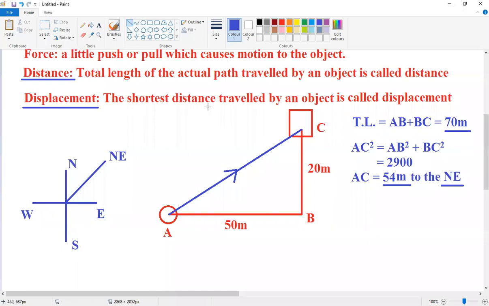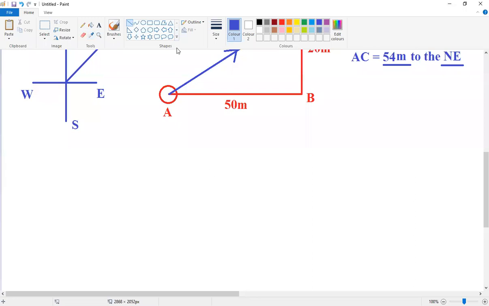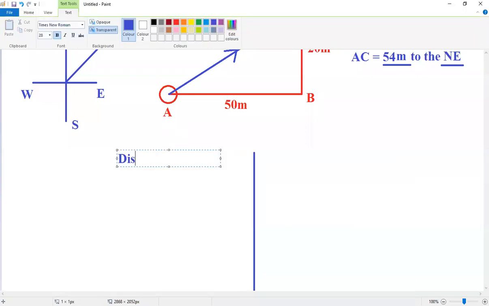Distance and displacement concepts are clear. Now let's try to differentiate between them. So we'll make two columns. First we'll write distance, and here we'll write displacement.